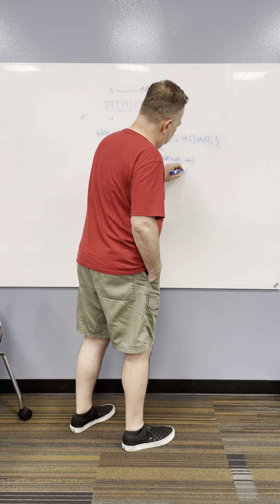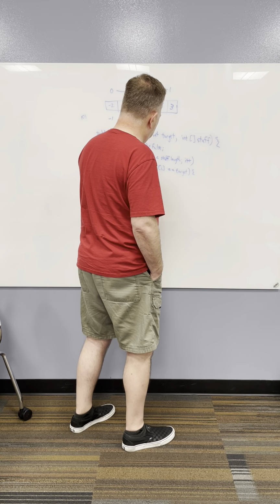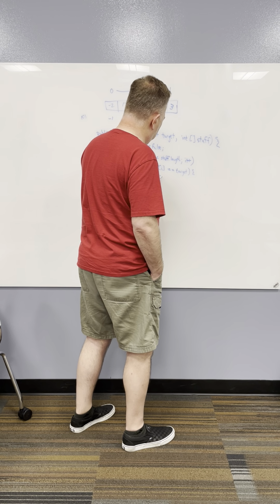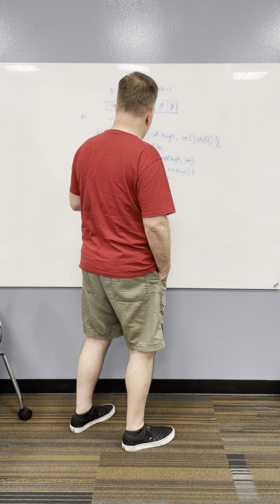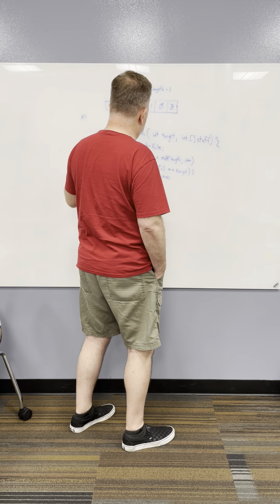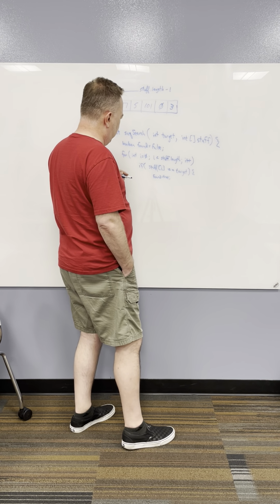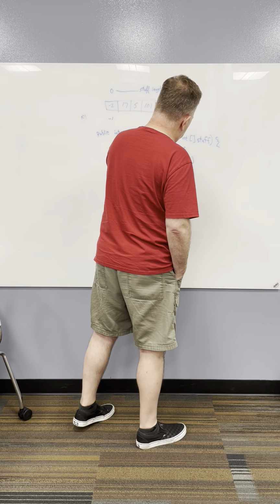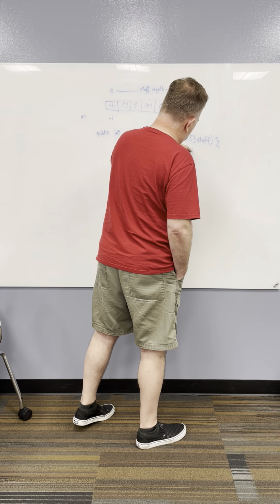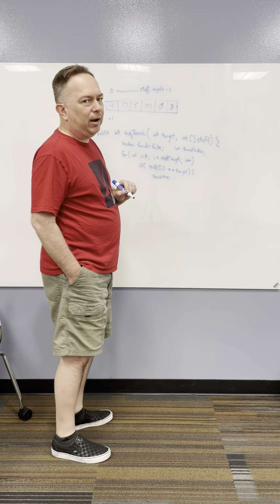And if it's equal, we're going to first of all say found is equal to true. We also have to have something else here too. Maybe I'll just put it up here. We have to say int found index. We have to know where we found it.